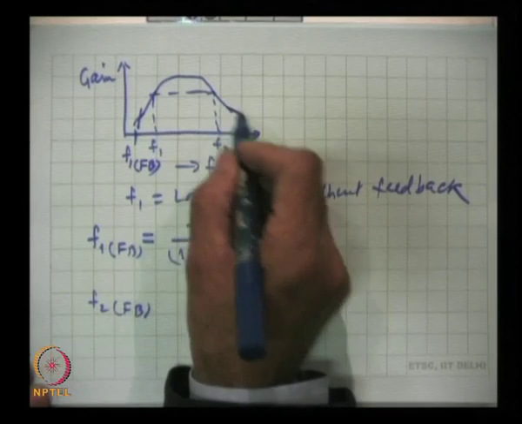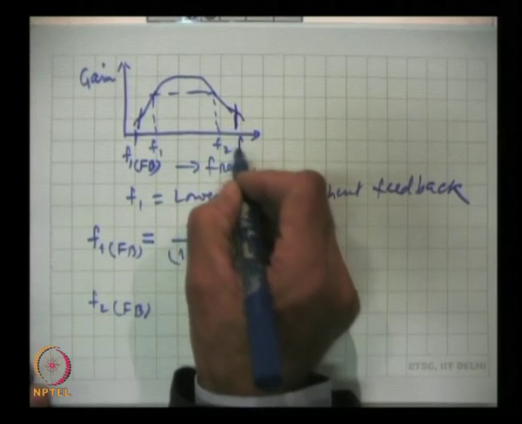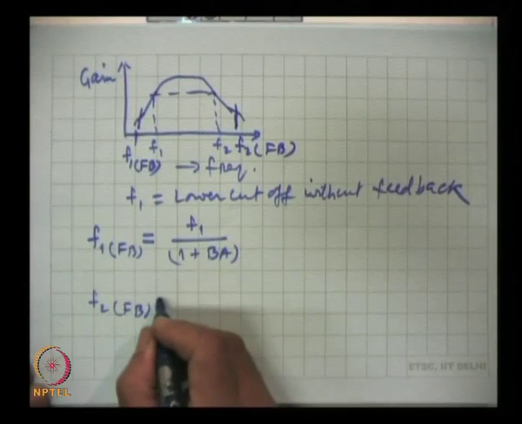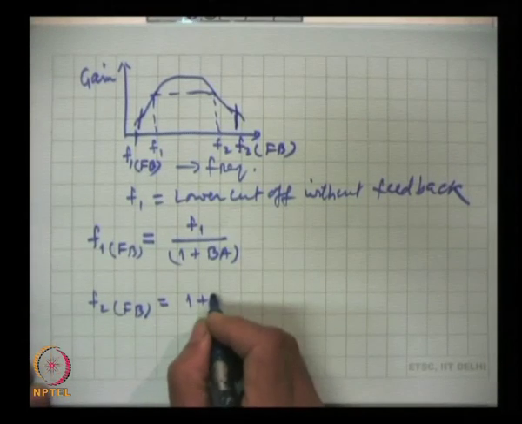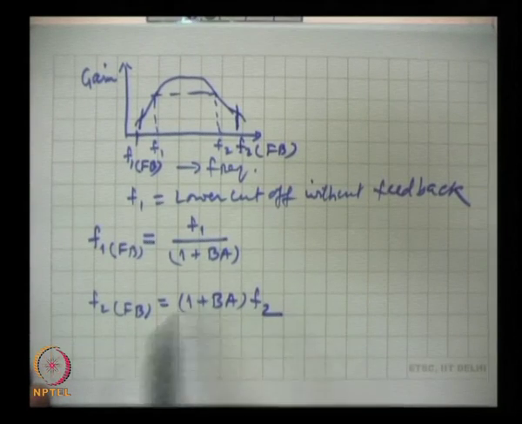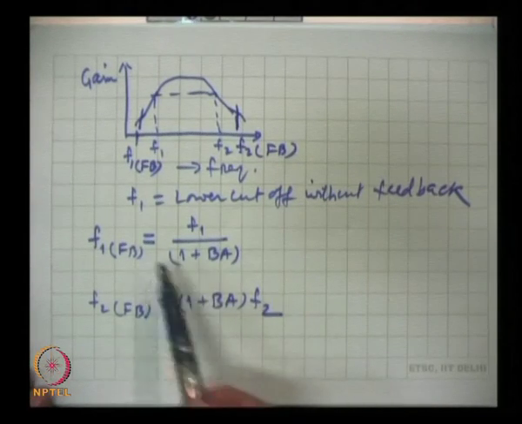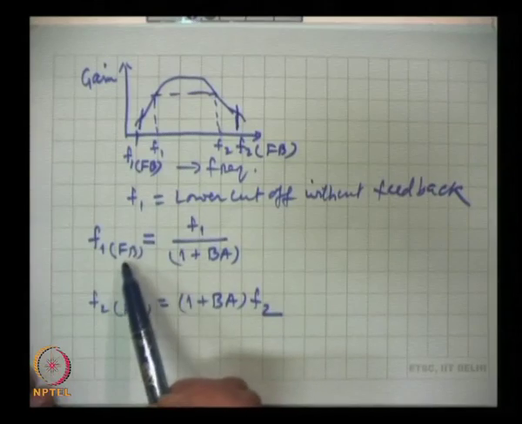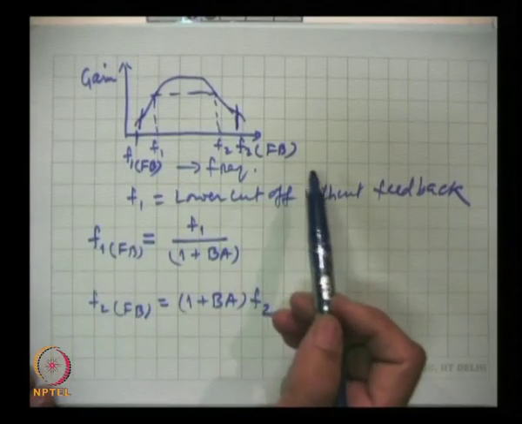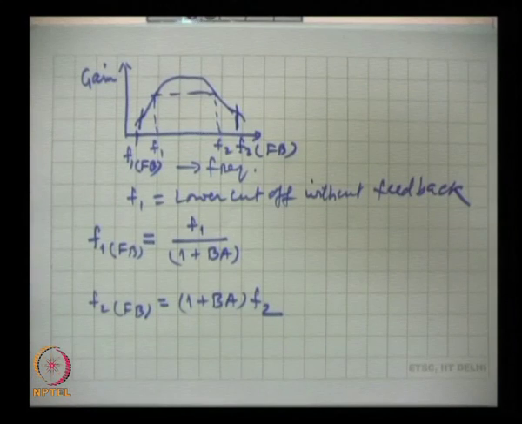That means it moves in this direction here, F2 FB, and this is 1 plus BA into F2. So, lower cutoff is reduced and upper cutoff is increased, and hence the bandwidth of the amplifier increases.